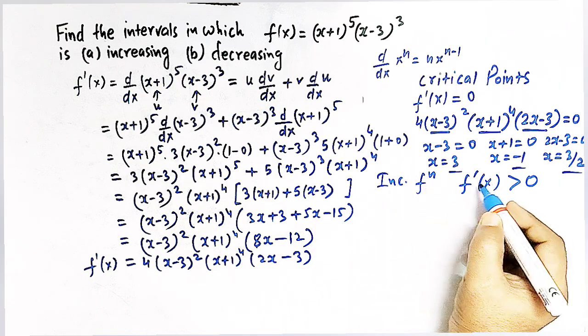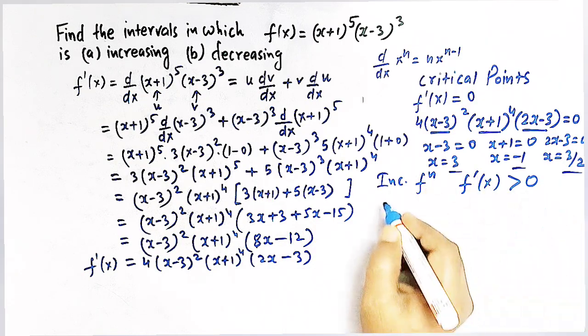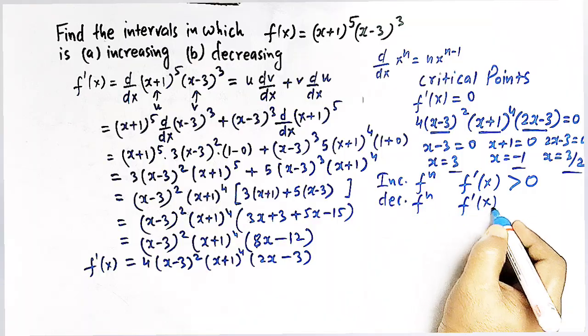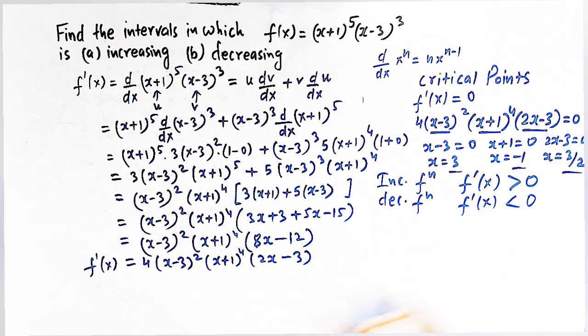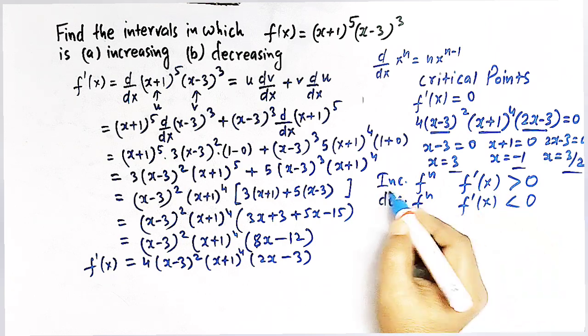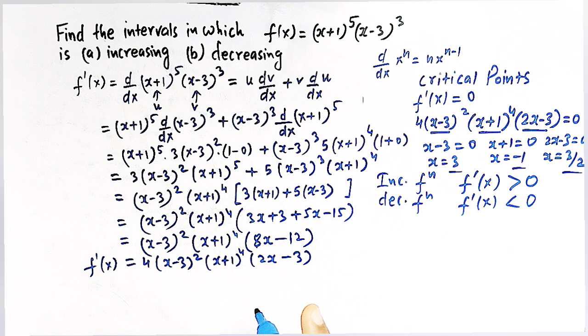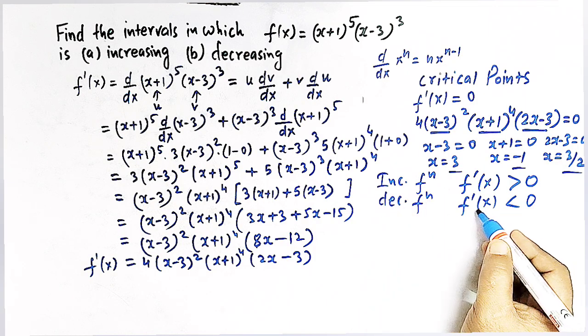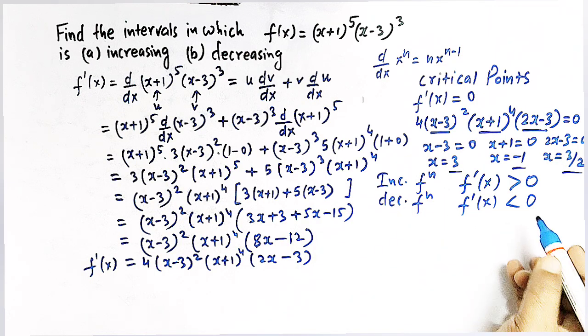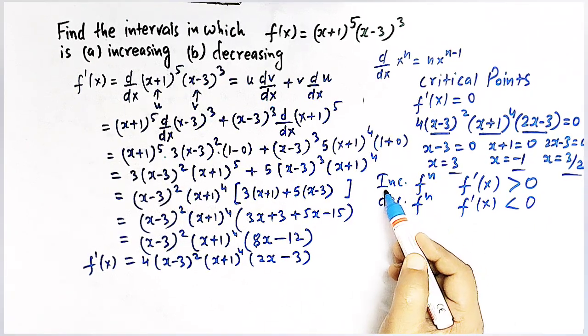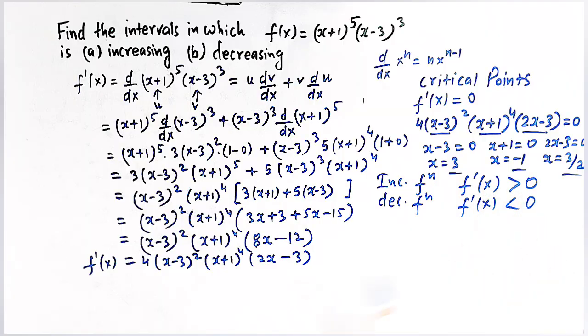So for an increasing function we have f'(x) greater than 0, and for a decreasing function we have f'(x) less than 0 for all x belonging to the domain of f(x), right? So for an increasing function f'(x) must be positive, and for a decreasing function f'(x) must be negative. So now for an increasing function f'(x) is greater than 0.